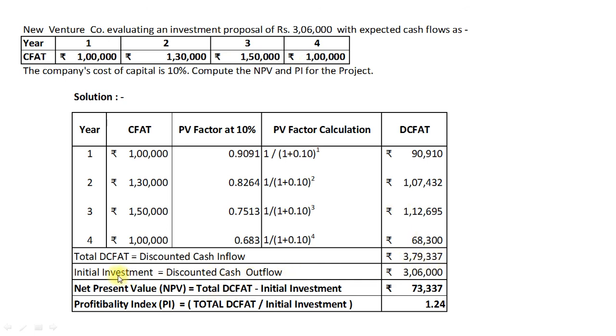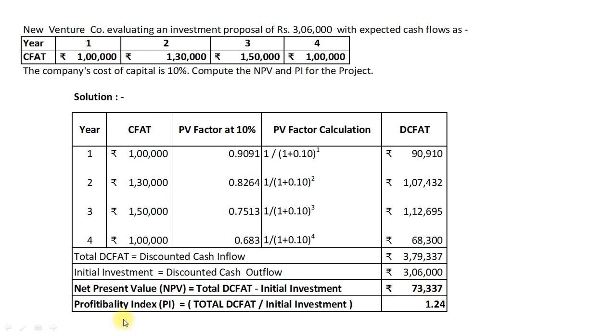Okay, and our initial investment for the project is rupees 3,06,000, already given in the question. So now we will calculate net present value, NPV, that is total discounted cash flow after tax minus initial investment, that is 3,79,337 minus rupees 3,06,000.